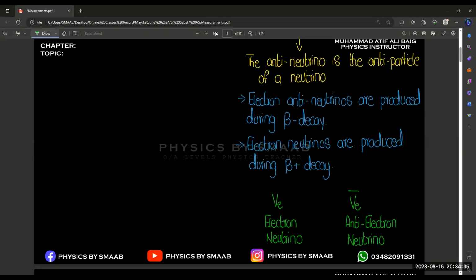It might be a difficult one at the start because the names are mostly the same: neutrino, neutron, anti-neutrino, electron, anti-electron neutrino. So it might be confusing, but after completing all the elements, we can easily identify which one is related to which concept. Then it will be very easy, right? Then we will make a simple chart.